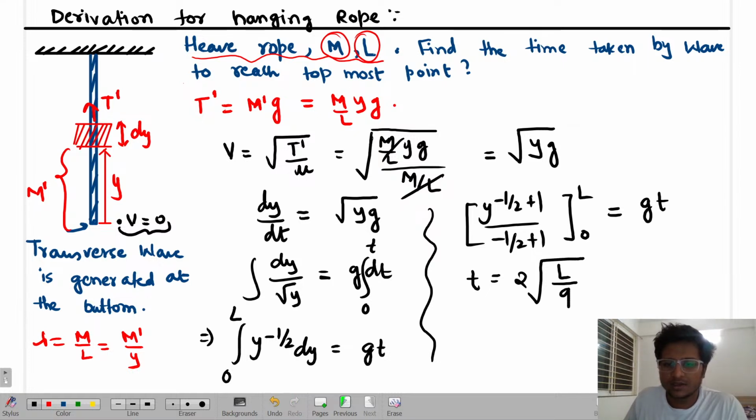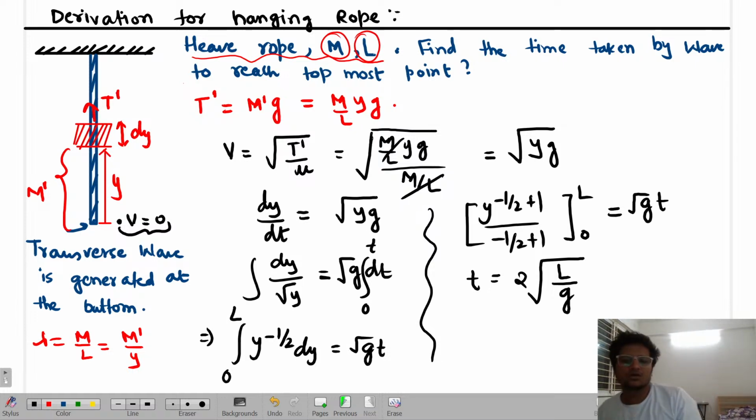Root over L by g. Is that clear? I think I missed something here. Root g will appear. See that? That is why it will be 2 root under L by g. Is that clear or not? Did you get the idea? Understood?